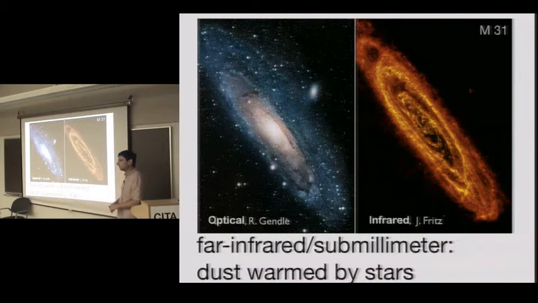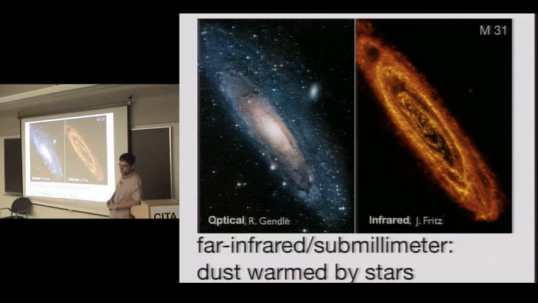No, but there's action in the center of our galaxy. Yeah. And there's a molecular ring or something around it. I don't know what it looks like in the Milky Way, to be honest. But it's also possible that it is dust, but it's much hotter, and so it wouldn't peak in the same way that this would peak at 250 microns.